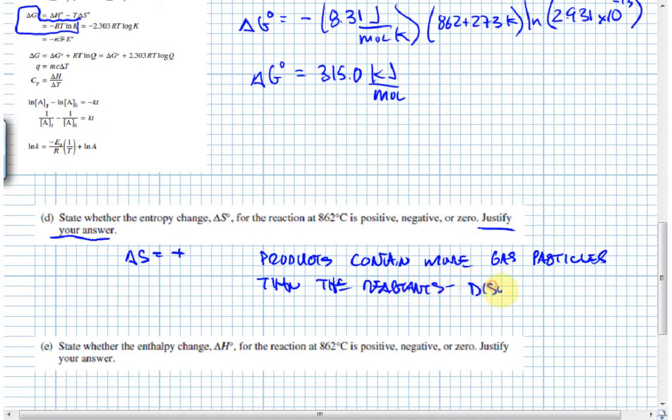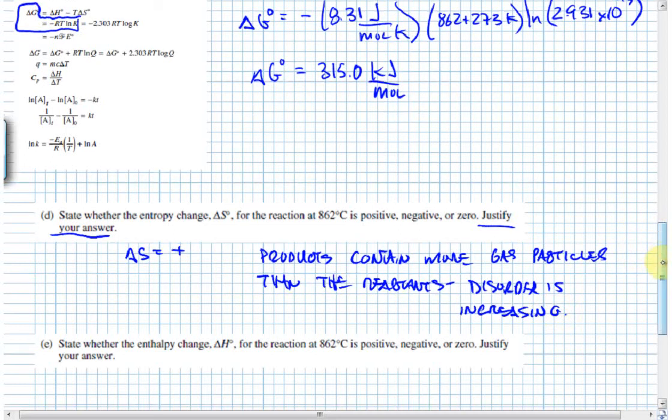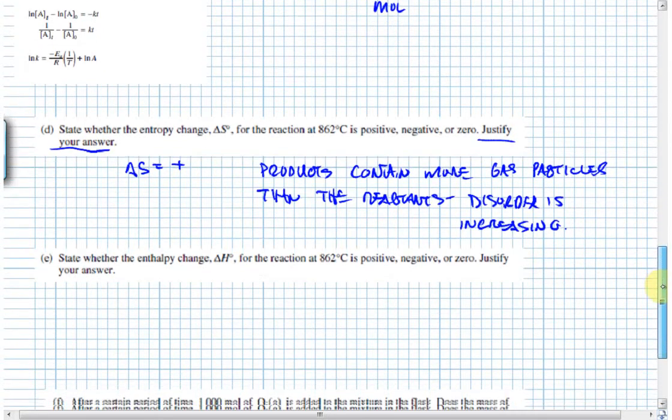Disorder is increasing. Keep those answers short, informative, and concise, and readable by the grader. Remember, you always want to put a smile on the grader's face.